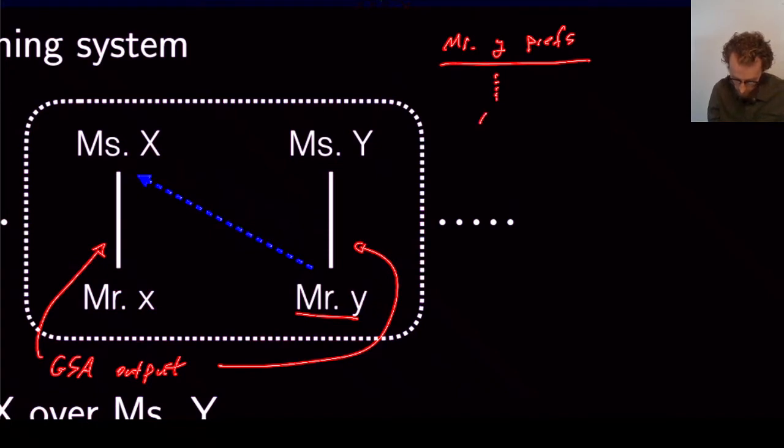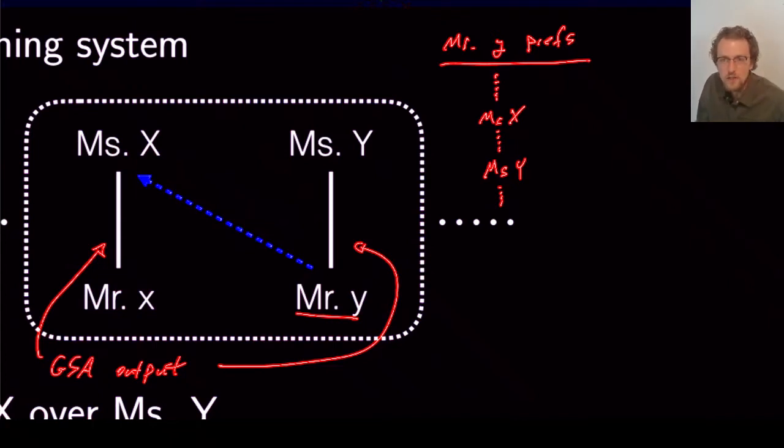Then somewhere along the line he finds Ms. X, and then there's some more, and somewhere along the line we find Ms. Y, and then there's some more. So this is what we know about Mr. Y's preferences: Mr. Y thinks X is better than Y. That's all we know.